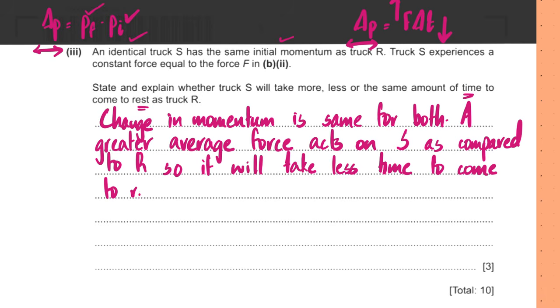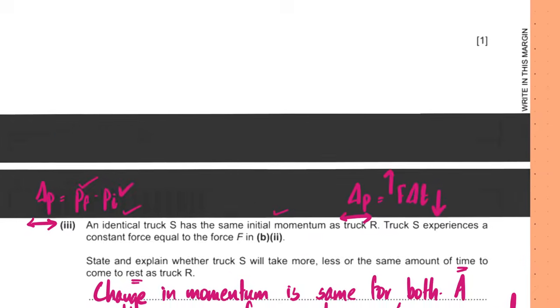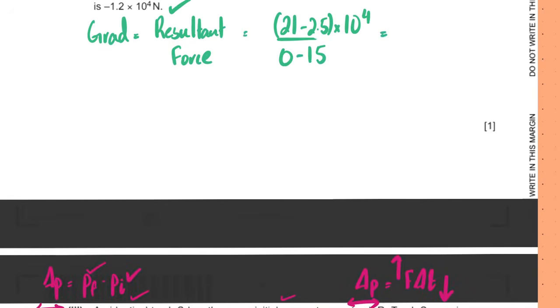All right, and also if you don't like this reasoning of looking at the graph, then you can also say that for this new one I know that the resultant force is this, right? So you would talk about it like this: F equals delta P over delta T. So for S, if we want to find the time, then this would be delta P, but this time it would not be minus 2.5, right?